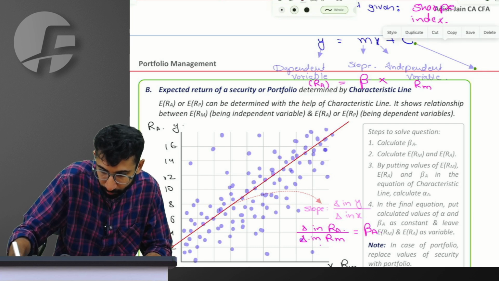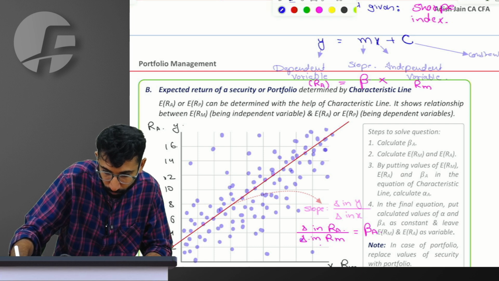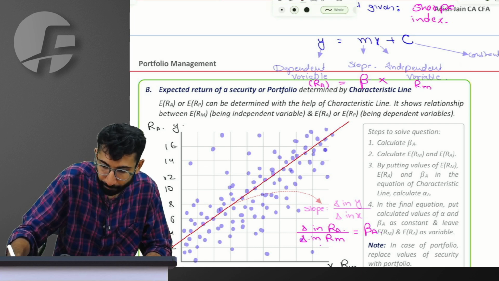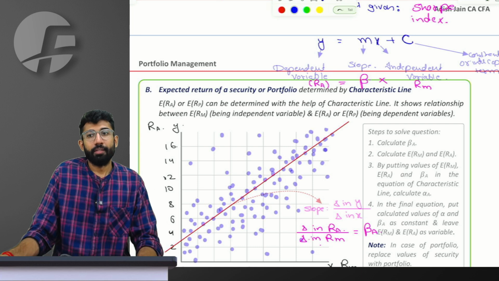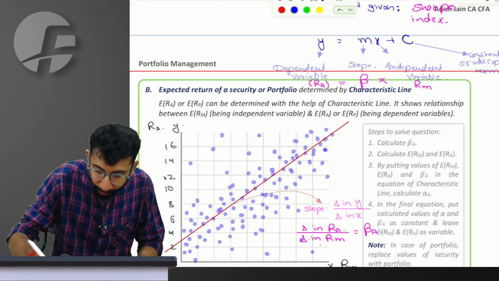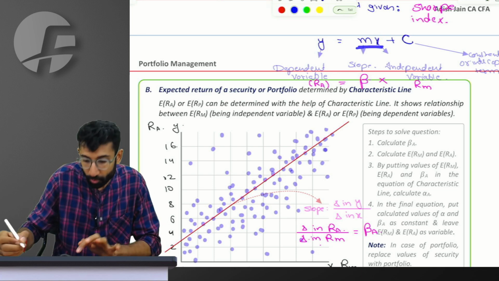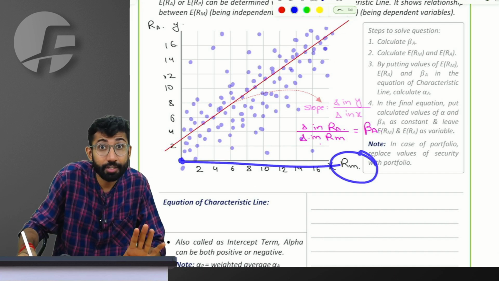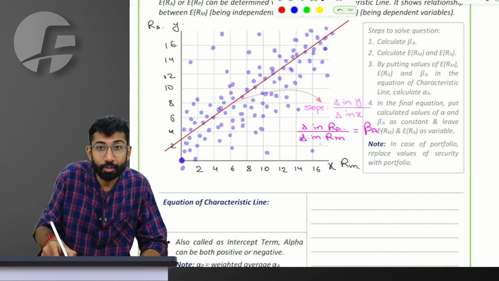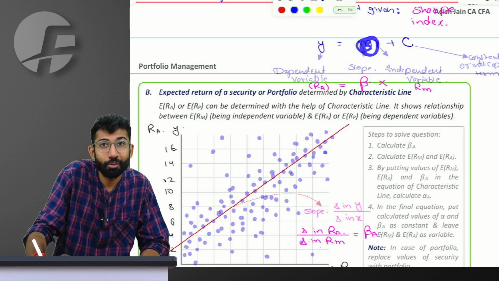It means that if the independent variable becomes zero, if the market does not give you any return, which means, do you agree, even if you multiply beta to it, the answer becomes zero?